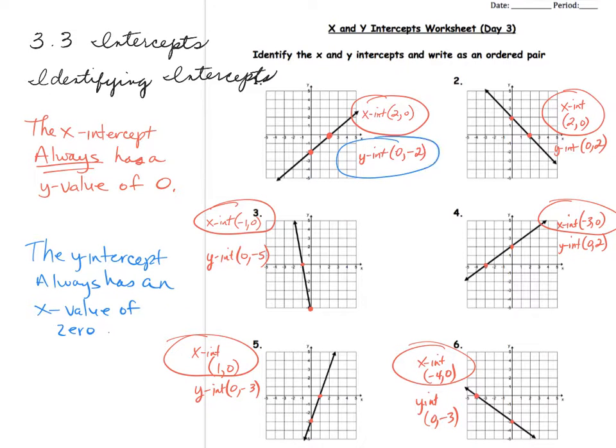The y-intercept has a 0 for the x value, in every one of these. It's important that you understand that the x-intercept has a y value of 0, and the y-intercept has an x value of 0.